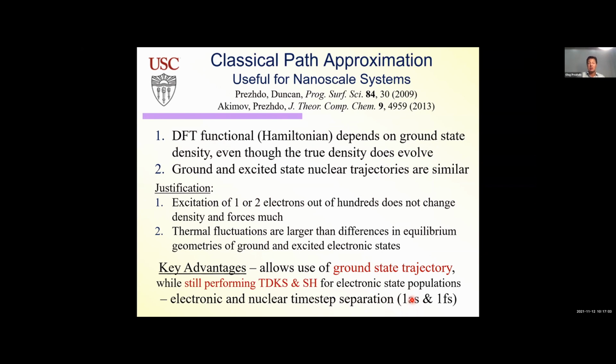And then you have to calculate a new DFT functional for the new density and update everything every maybe 10 attoseconds. But for us, because we assume excitation of one or two electrons does not change the density of electrons of a material that involves hundreds of electrons, we can make this approximation. And this way we can save recalculating the DFT functional. We do it on a nuclear time step, not an electronic time step.